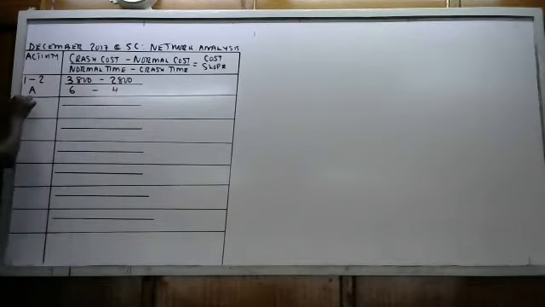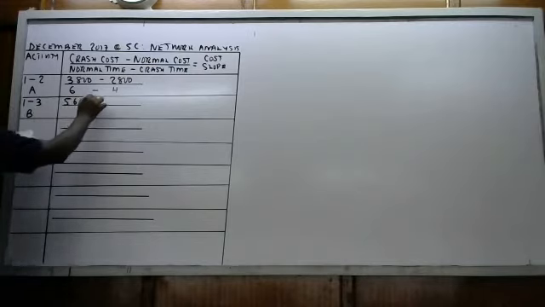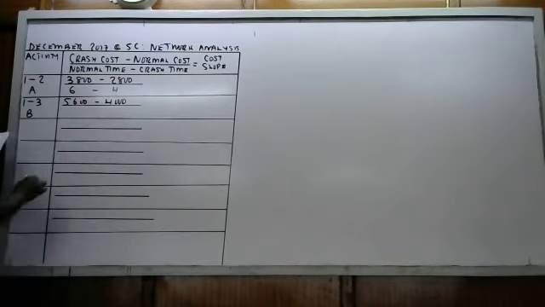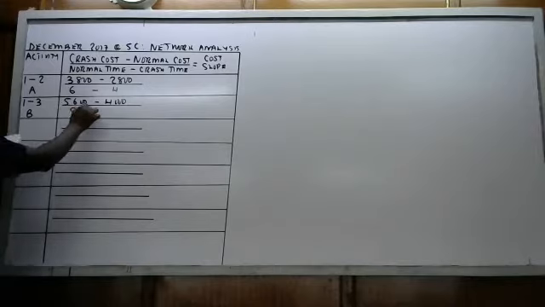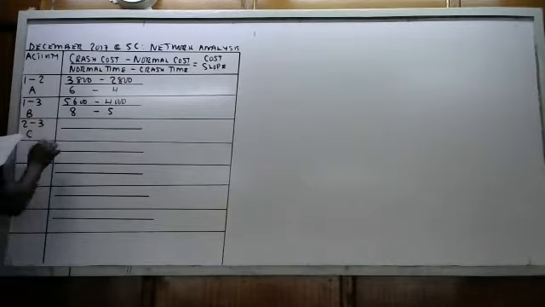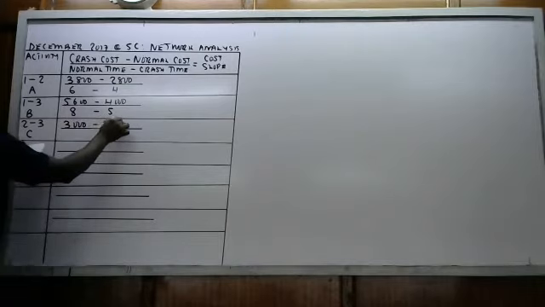Then I come to 1 to 3, which is B. The cost is 5,600 minus 4,000. We have 8 to 5. Then 2 to 3, C. It is 3,000 and 2,200.